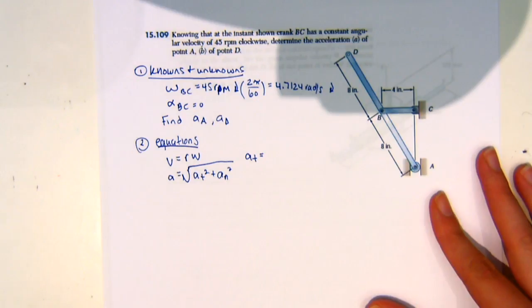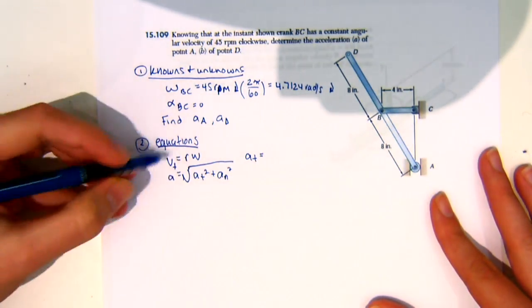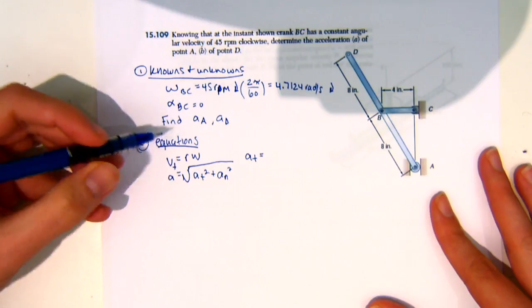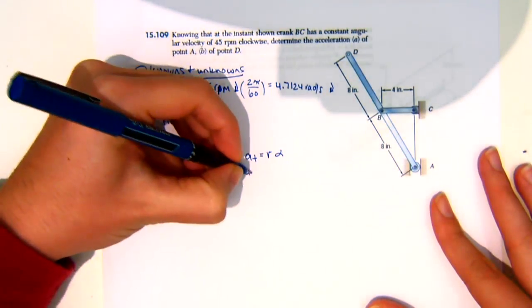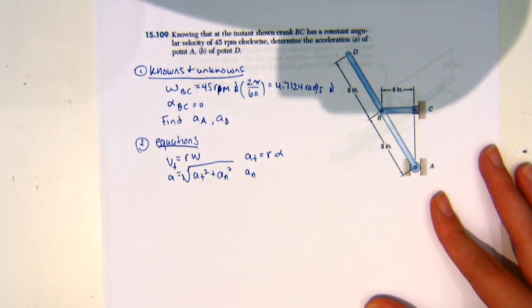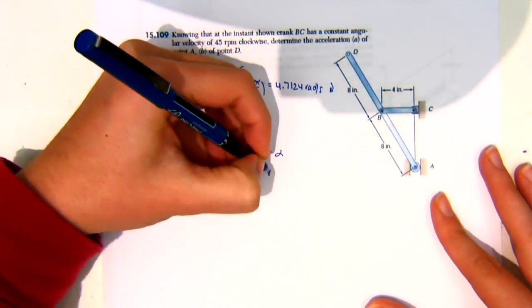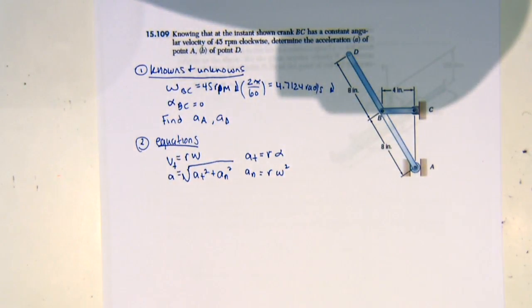That works, but what is it? Well, that's normal. The tangential one is very similar to tangential velocity. So it's r alpha, good. And then for normal, it's kind of like what you said, but we want to work with omegas. So it's going to equal r omega squared, but that's going inwards, so it's always directed in.